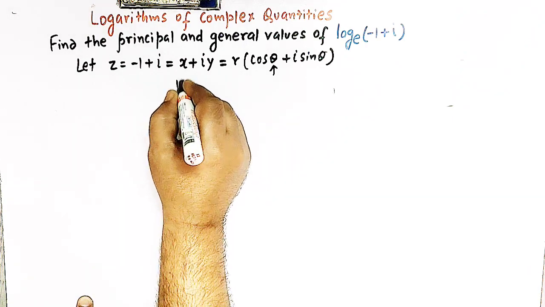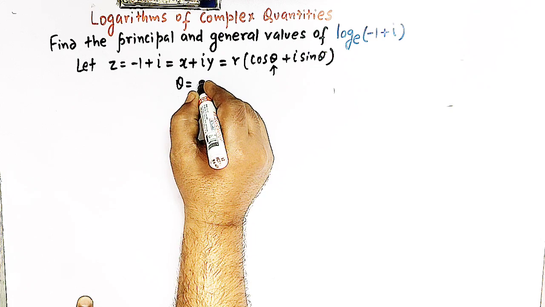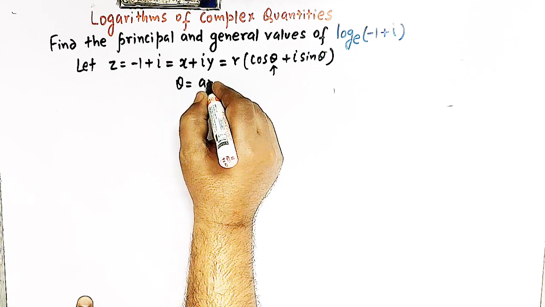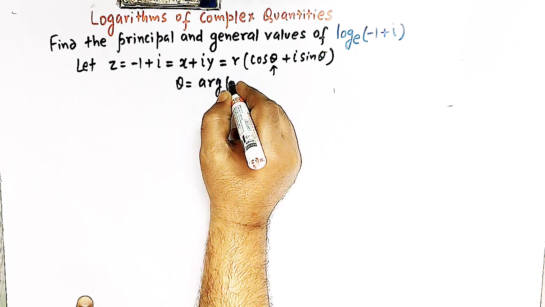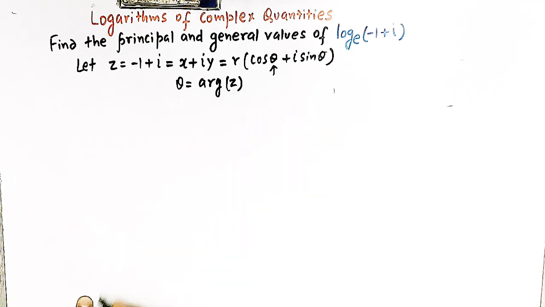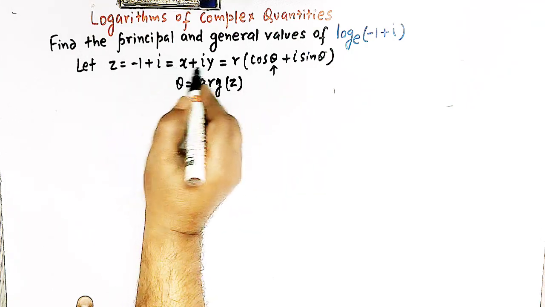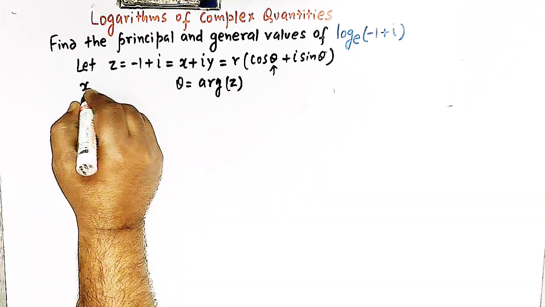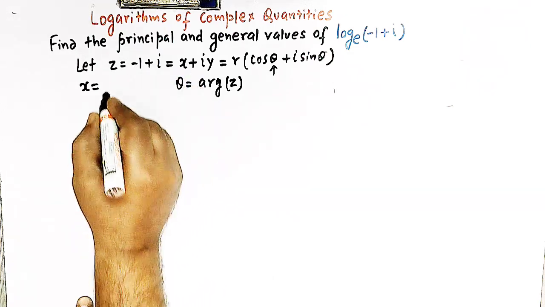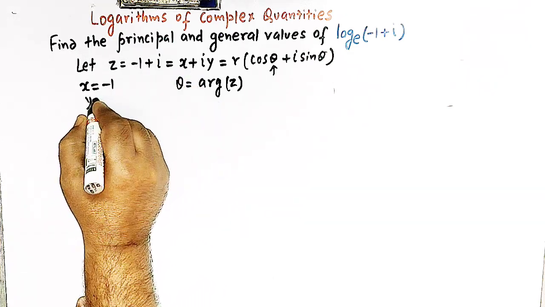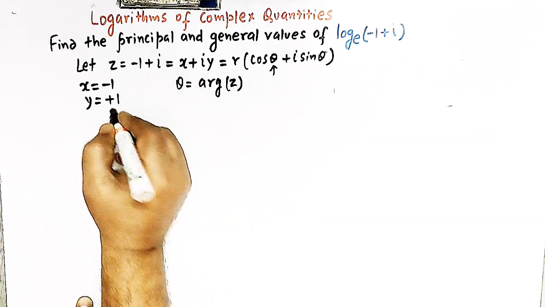So here theta is the principal argument, that is denoted by argument z, right? And here if we compare these two complex numbers, then we have x is equal to minus 1 and y is equal to plus 1.